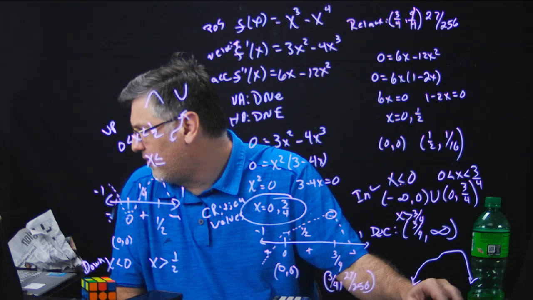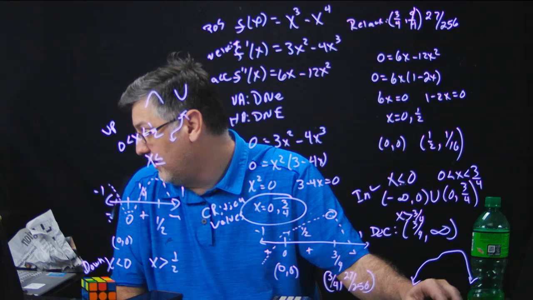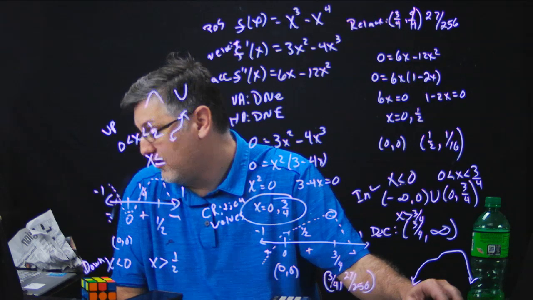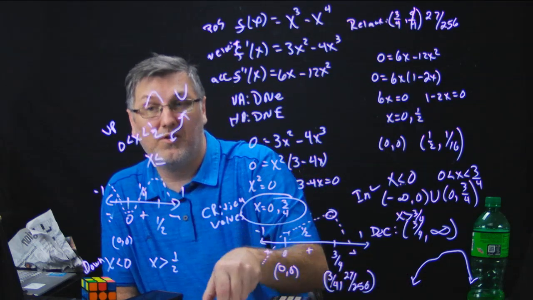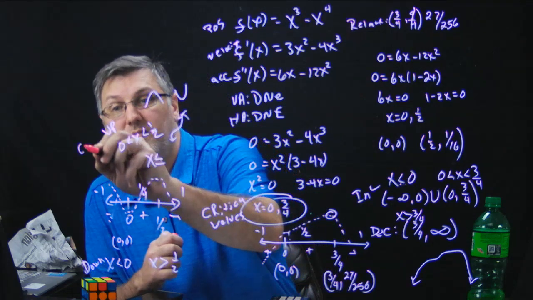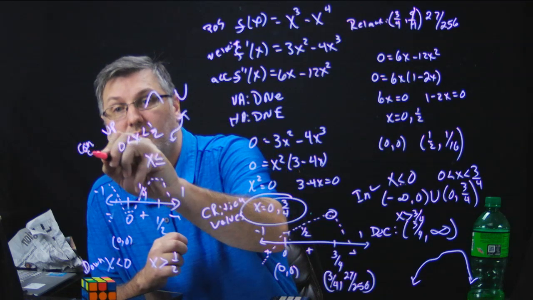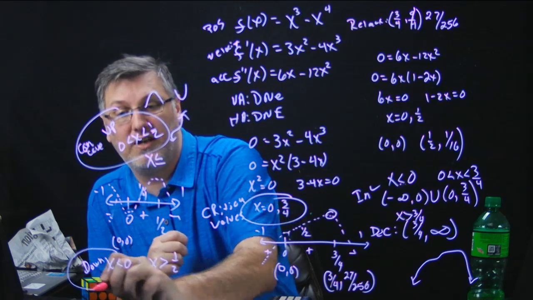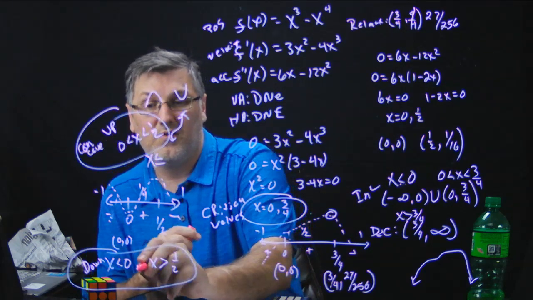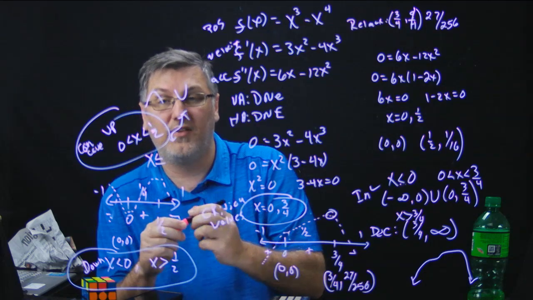So how would I find the up? x is less than 1/2, but it's also greater than 0. So this is your concave up, and these are your concave down. That would span the entire graph.